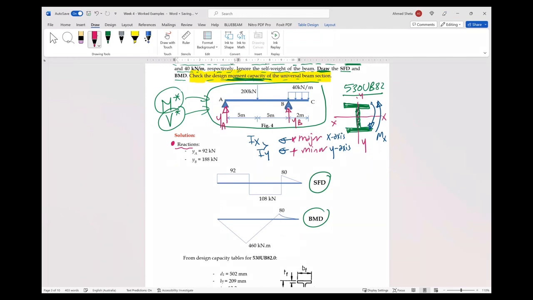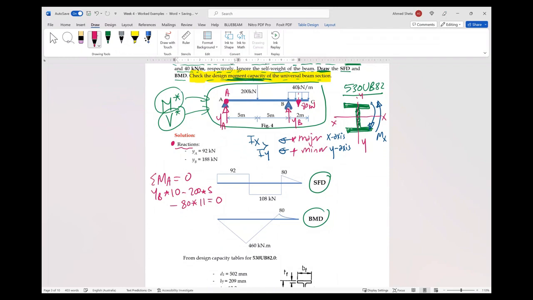To get the reactions, we need to concentrate this load, which will be 80 kilonewton. If you apply summation of moment at A equal to 0, how can we find YB? YB times 10 minus 200 times 5 minus 80 times 11 should be 0.